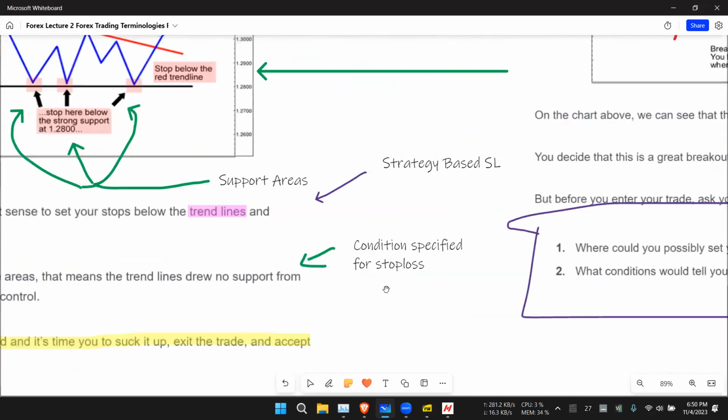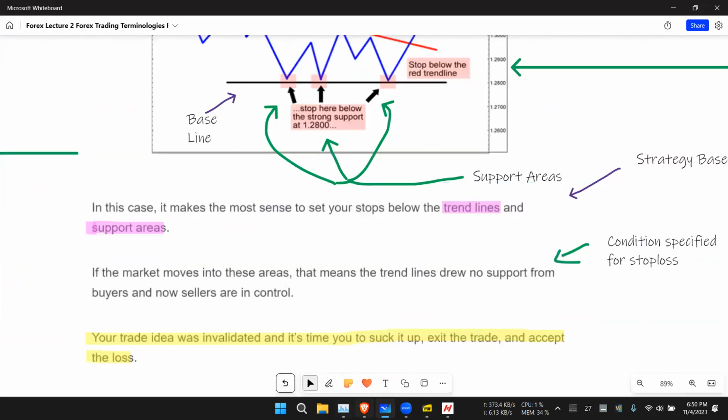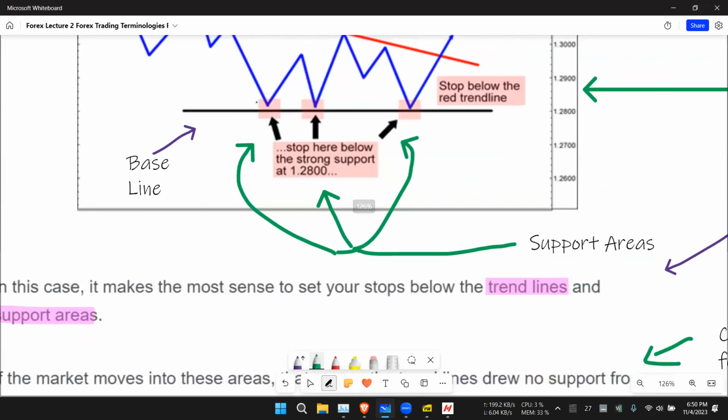So the thing is, for the strategy based stop loss, we need to have a defined set of conditions. Like for this, we have a defined set of conditions.